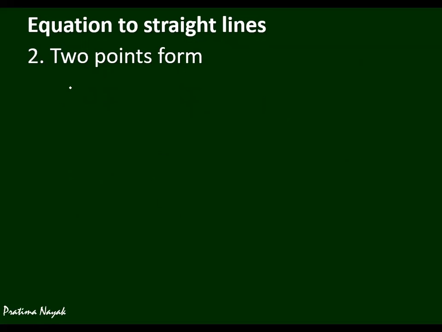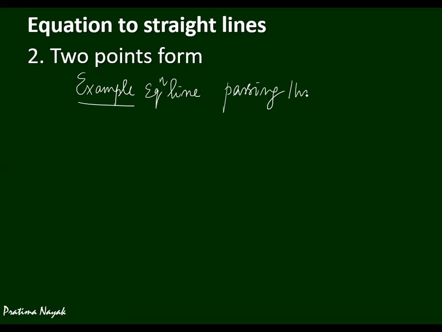Now let us take an example. Find the equation of the line passing through 2 points -1, 2 and 4, 3.